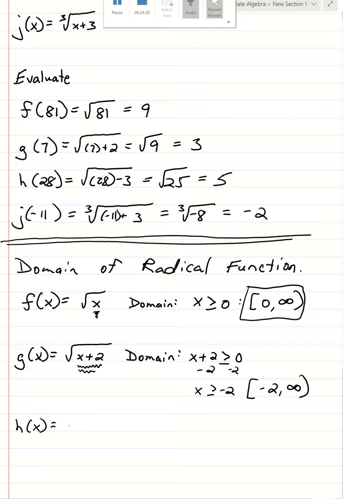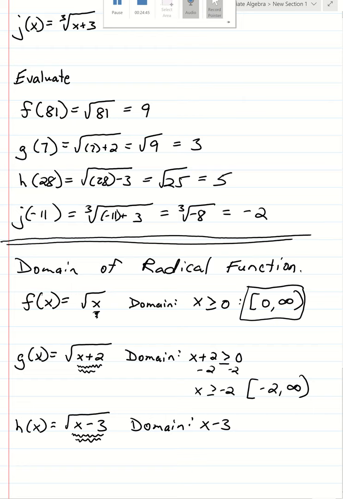H of x, you may recall, was the square root of x minus 3. Now, in terms of this domain, once again, what concerns us is the radicand of x minus 3.